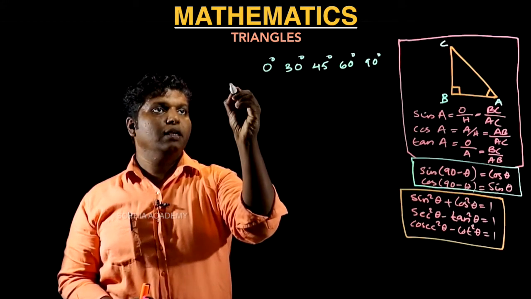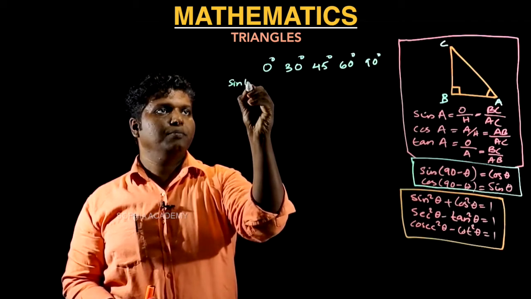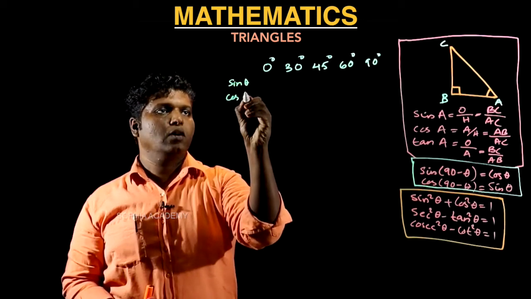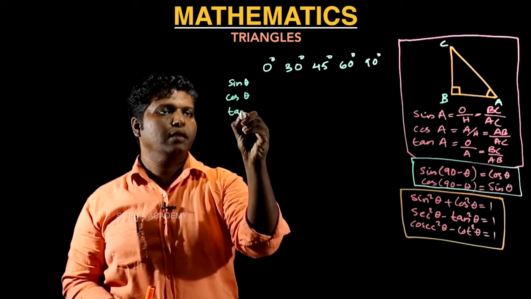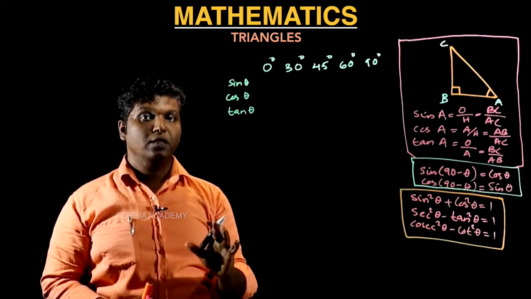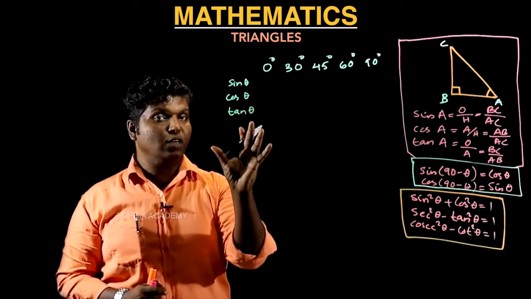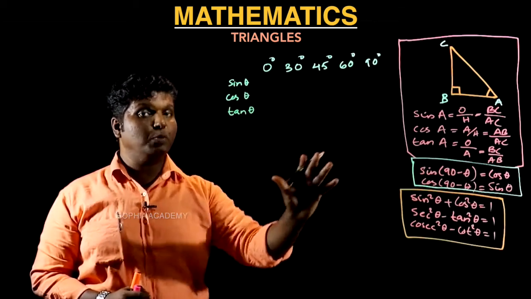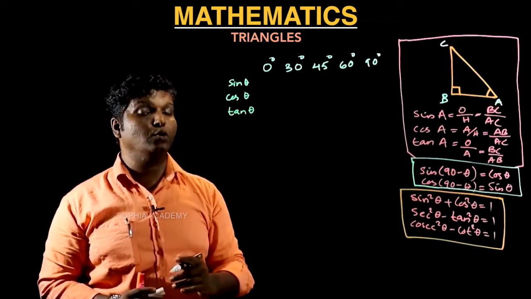So here I am taking sine theta, cos theta and tan theta. So these 3 things are here: sine theta, cos theta, tan theta. If you know this much values, it will be very easy. I will tell you how to understand these values.